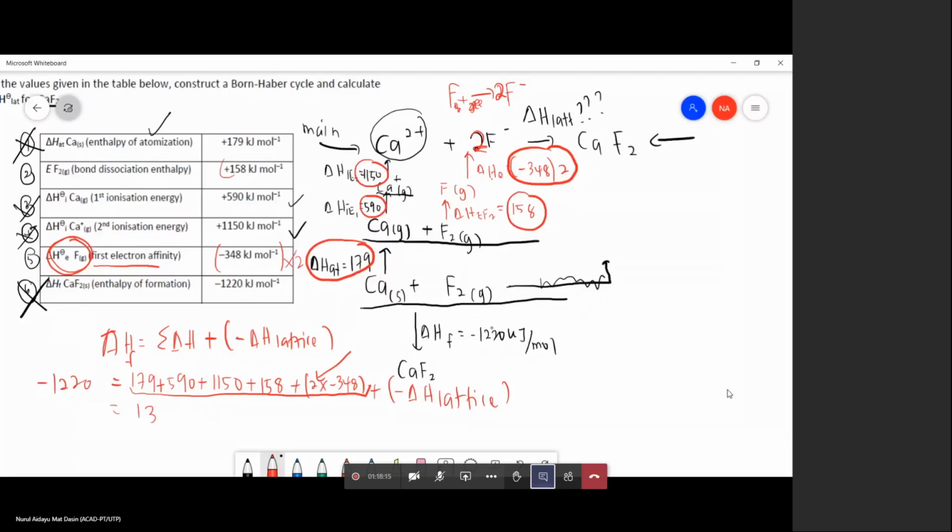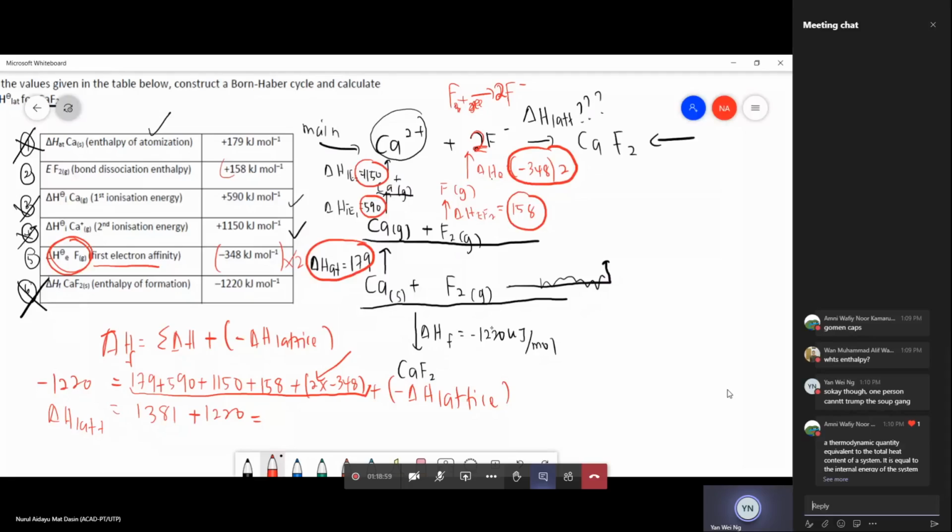Okay, 1, 3, 8, 1. And then delta H lattice equal to plus 1220. What is the answer? Around 2000. 2600. 2601. Good. Kilojoules per mole. This is the answer.